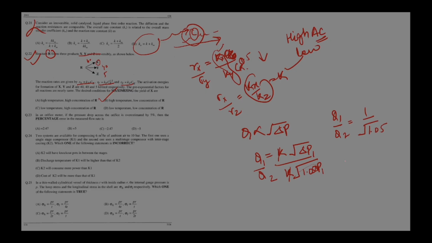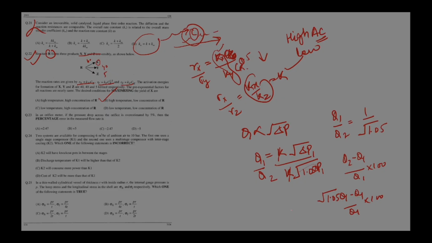So what is the percentage error in flow rate? Q2 minus Q1 upon Q1 into 100. Q2 is under root 1.05 Q1, minus Q1, upon Q1, into 100.